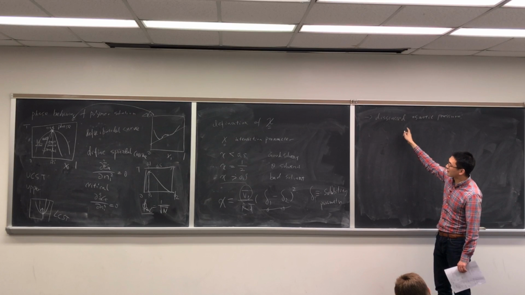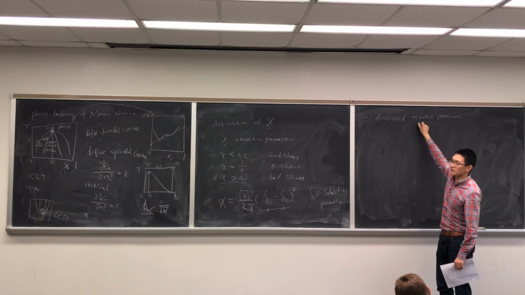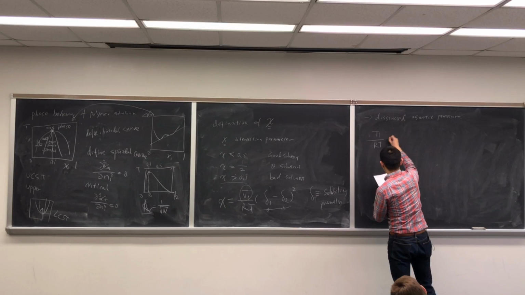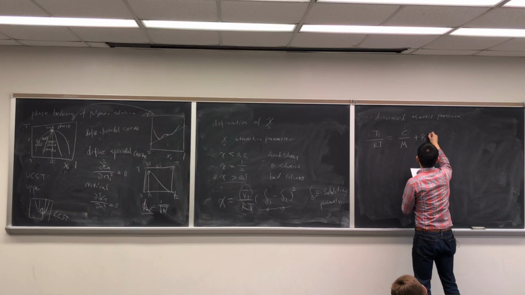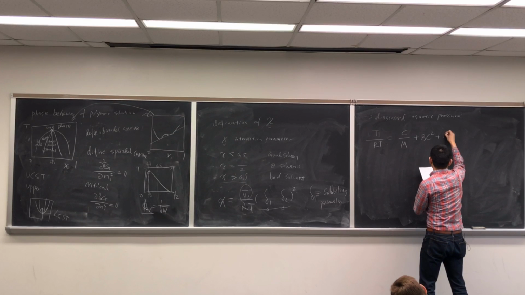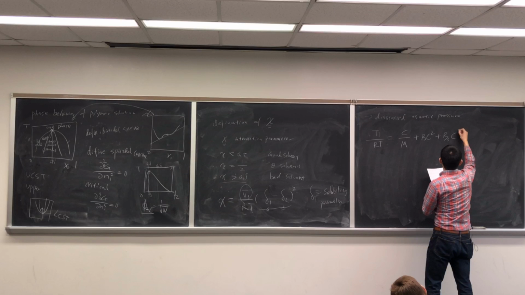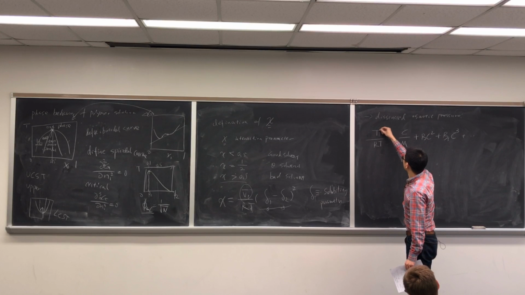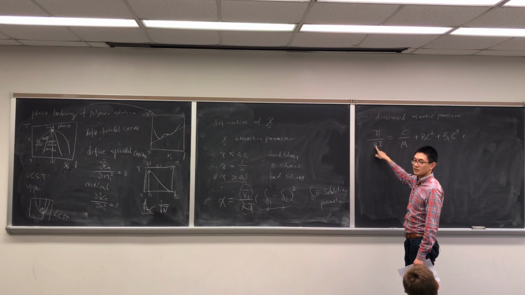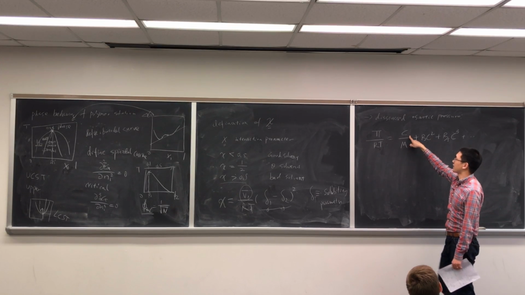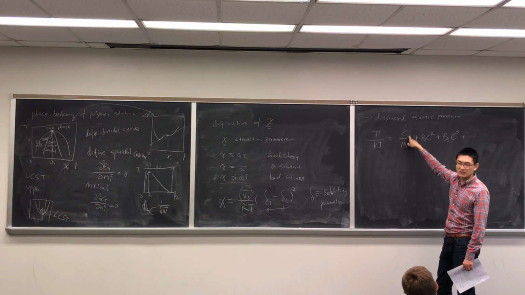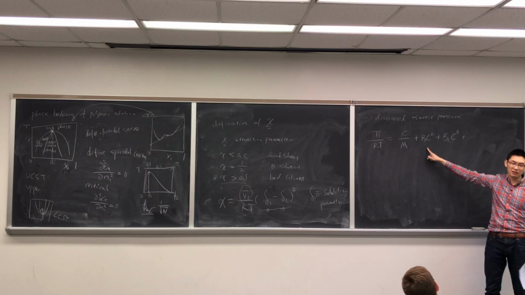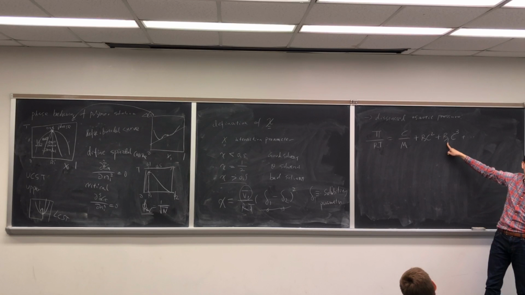And in this theory, we basically learn that your osmotic pressure divided by RT will be following this equation. This is osmotic pressure, gas constant, temperature, equals the concentration of your polymer divided by number average molecular weight, plus B, called the second virial coefficient, and B3 is the third virial coefficient.